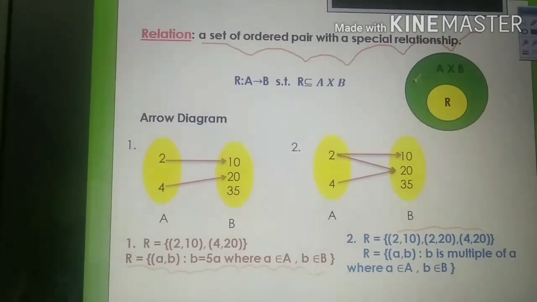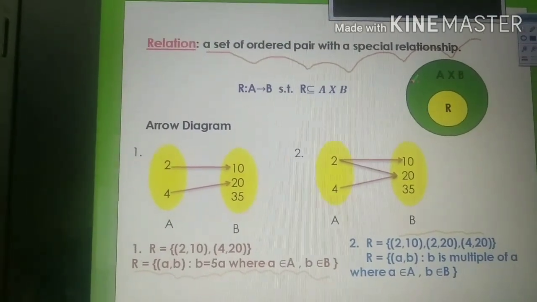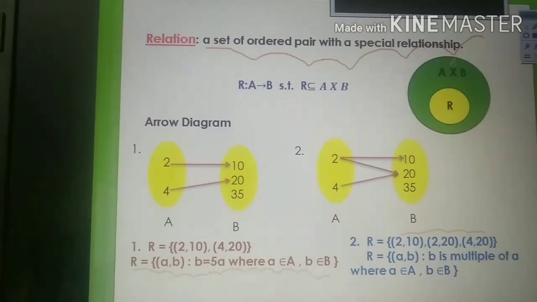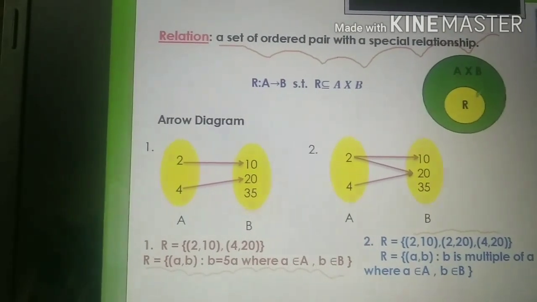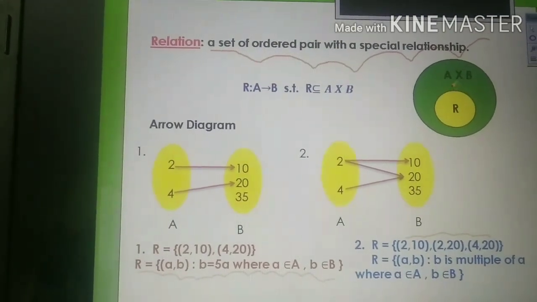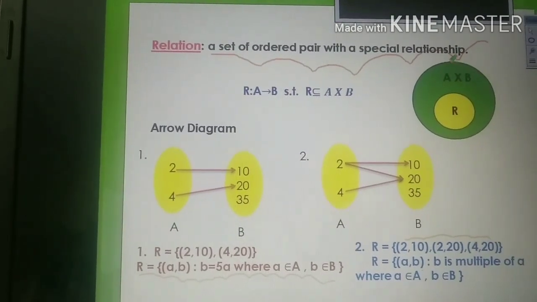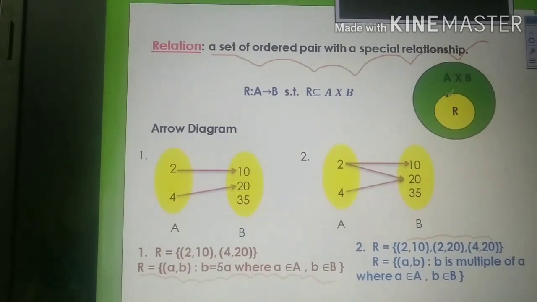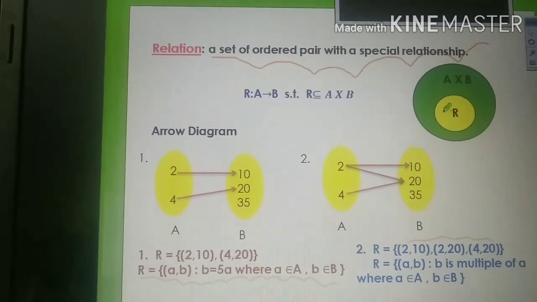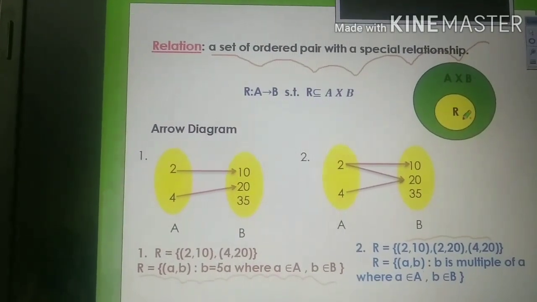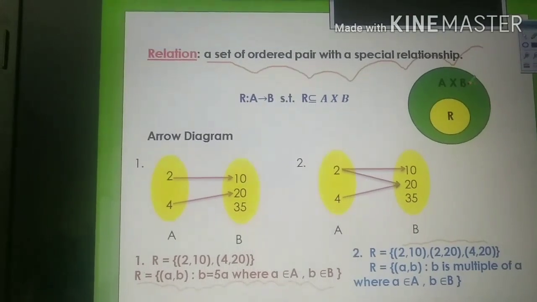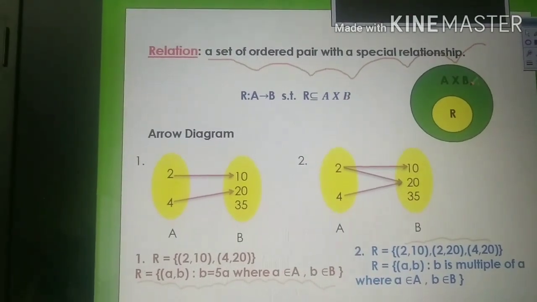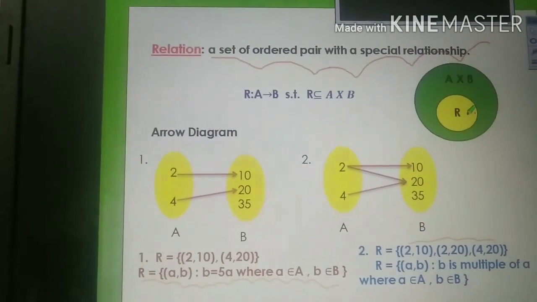So relation is what? Suppose this is a circle of Cartesian product A cross B. This whole circle represents Cartesian product A cross B. And relation consists of some elements from Cartesian product. Not all, some elements.